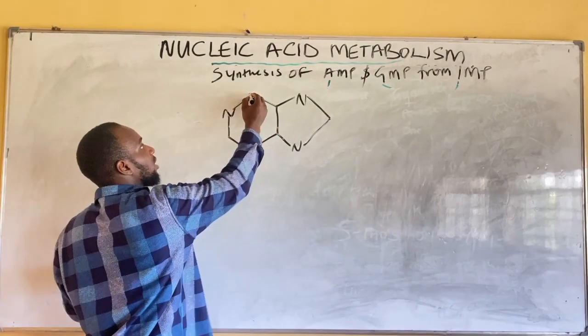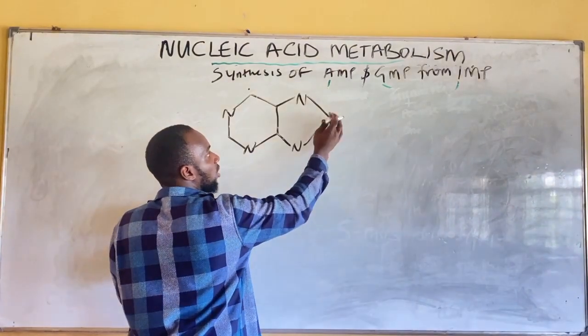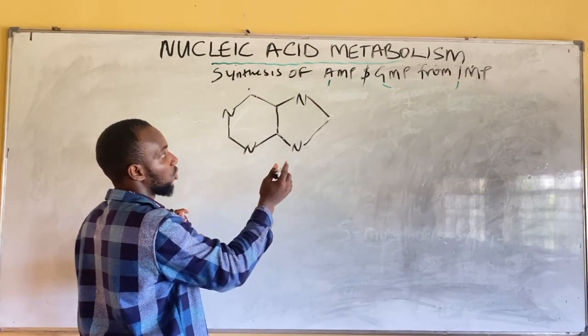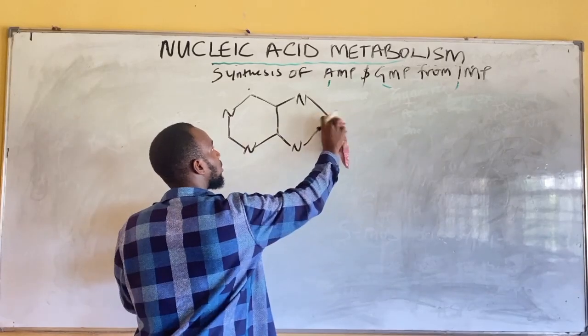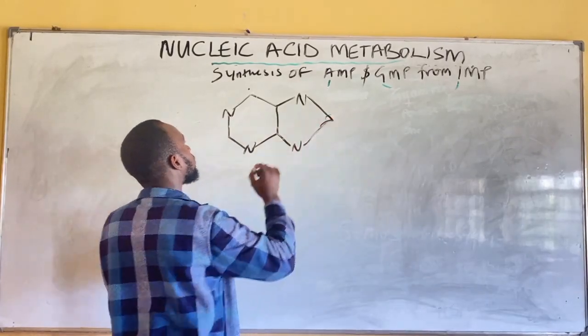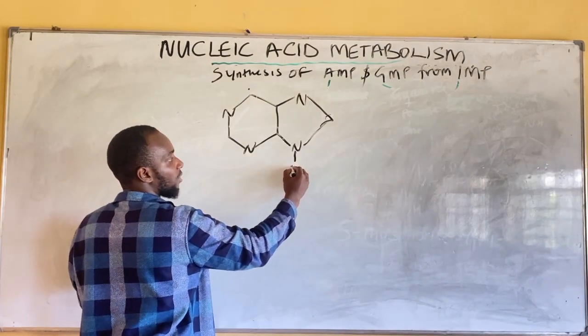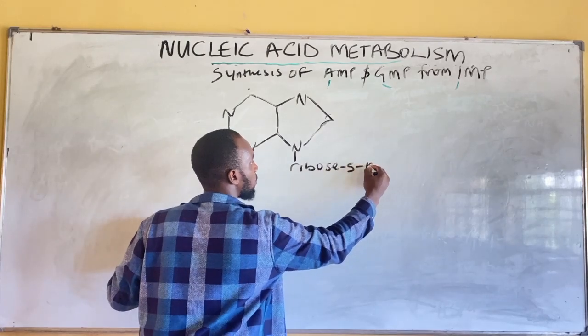So at this carbon here, I just want you to understand this bit, just like I explained in the previous video about how this type of structure works. Now for inosine monophosphate, remember there's ribose 5-phosphate.